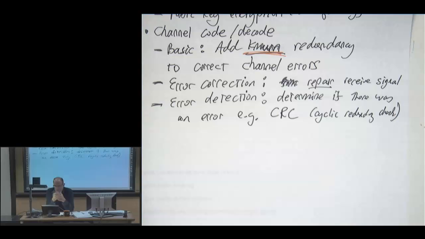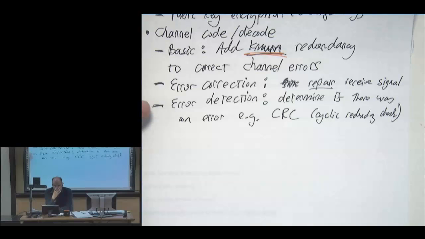The internet uses this all the time to determine, were packets delivered correctly or not. We use this in wireless to determine if there was an error in a packet before sending it to a higher layer. And the difference here is that to detect an error, you tend to have to add only a little bit of information. So we could take 10,024 bytes and add only 4 bytes of information to detect if there's an error.